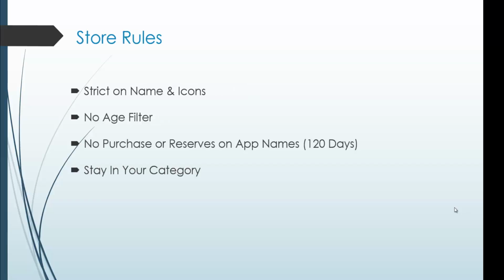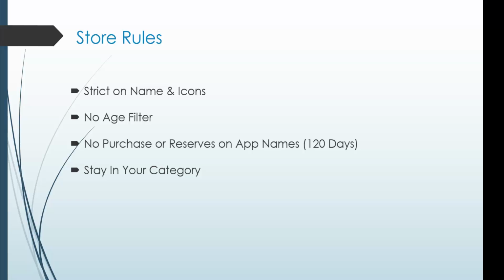So each store has their own set of rules. I'm not going to go through all those. You can find those on the store websites. Strict on name and icons. Your icon can't have any kind of explicit or gory images. The app stores have no age filter, so children of all ages can see it.